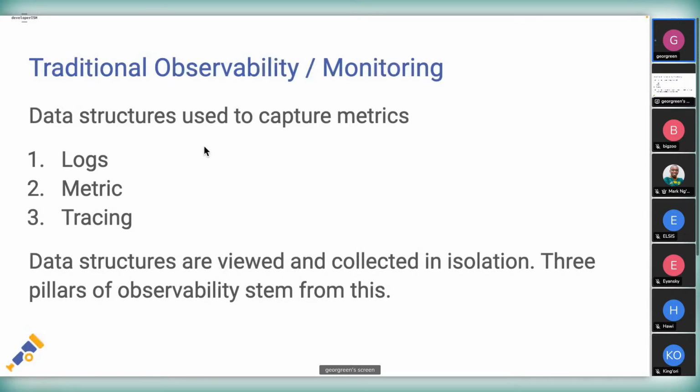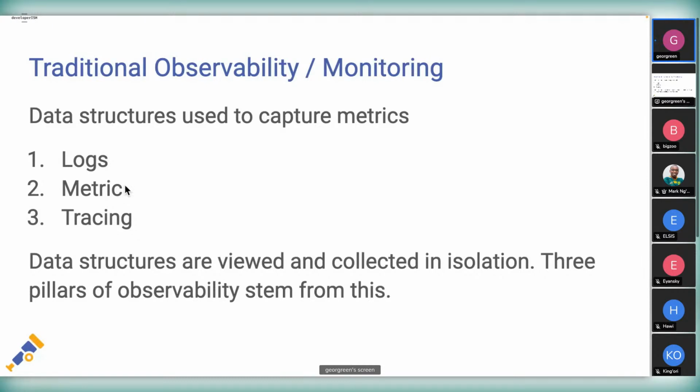There's this idea of traditional observability, sometimes called monitoring. This school of thought claims that to make your system observable, if you just produce logs, metrics, and traces, this is enough.